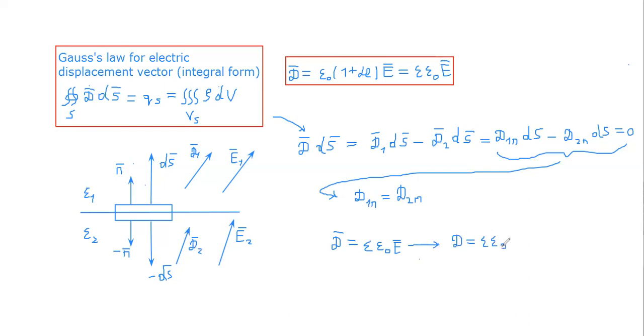Epsilon 0 E. And because of this, the modulus of electric field intensity vector is equal to D divided by epsilon 0 for an isotropic dielectric.